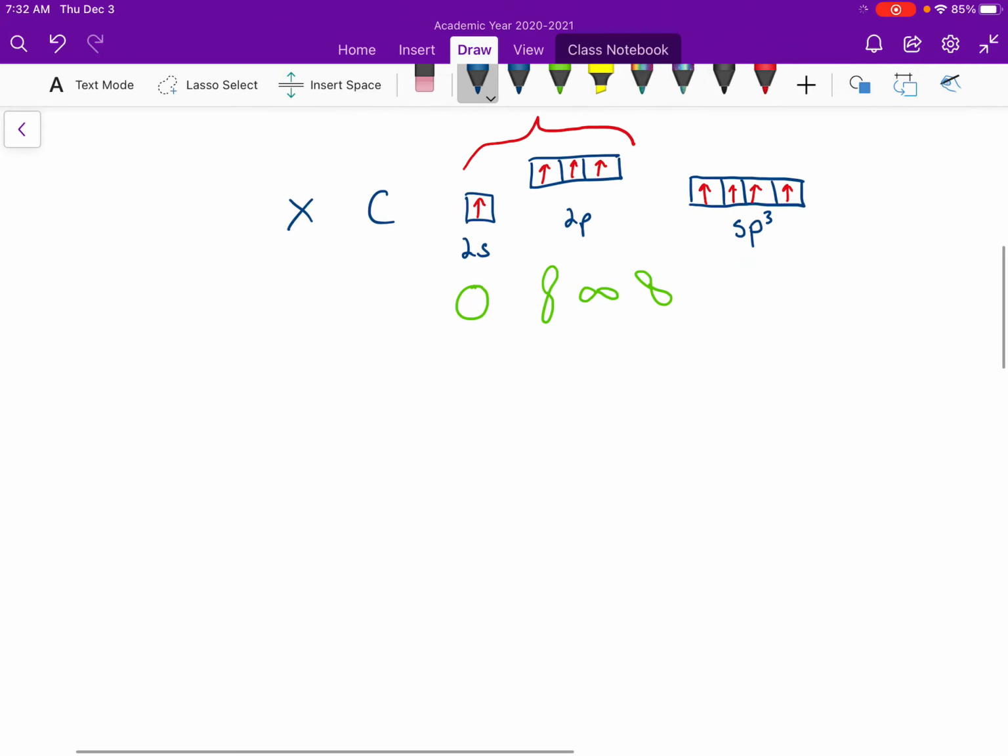Okay? So how does this work? Well, now we have sp3 orbitals that are a combination of the shapes here. So it's not a defined sphere or a defined dumbbell. They're all the same. It's sort of like a half sphere, half dumbbell shape. So they all have like a figure 8, but it's smaller.